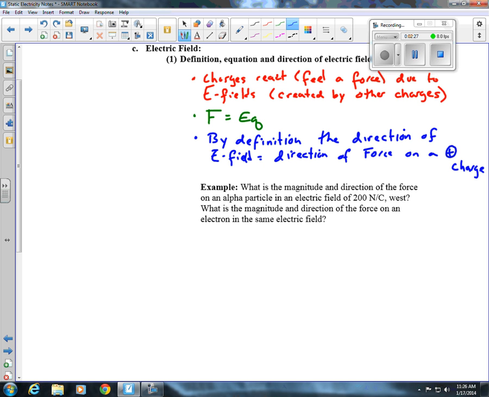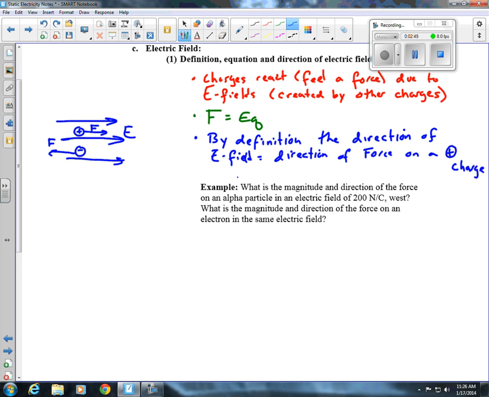So what that means is, and you can draw this, if I have an electric field pointing this way, that's my electric field. If I put a positive in there, it's going to feel a force going in the same direction. But if I put a negative in there, it's going to feel a force going in the opposite direction.